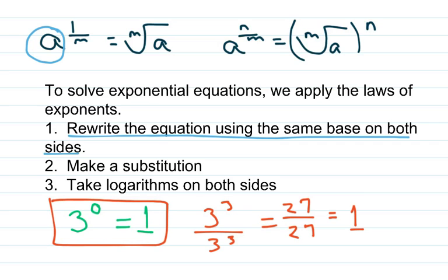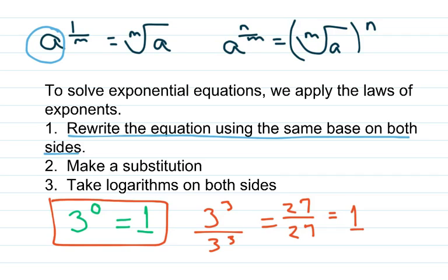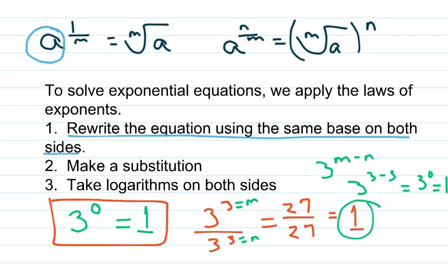Well, if I use my quotient property, which is this one right here, I'm going to let this be my M and this be my N. So I have 3 to the M minus N, which is 3 to the 3 minus 3, that gives you 3 to the 0, which equals 1. We already know it equals 1 because we did an example.